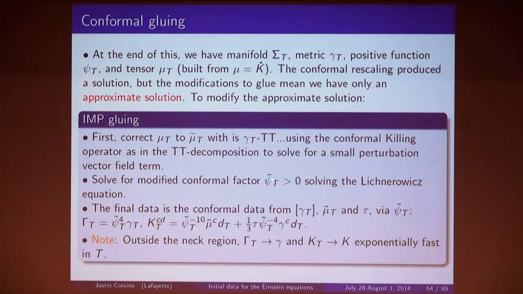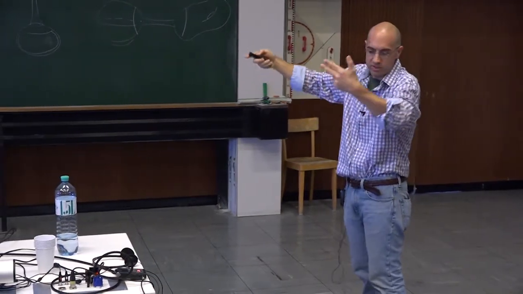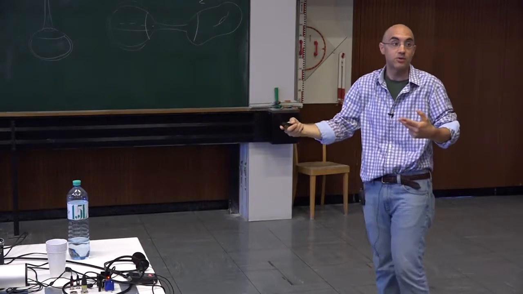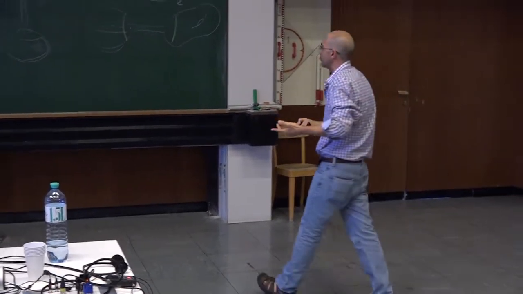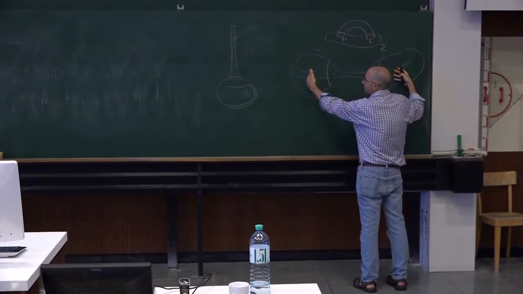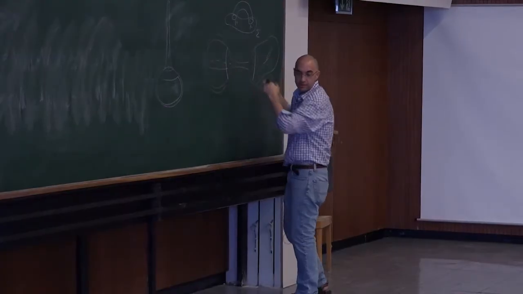Then you use this conformal factor to reconstitute the data as in the conformal method. That's just the idea. Outside the neck region, the metric you get, gamma t, approaches the original metric, and the second fundamental form approaches the original K exponentially fast in t. So in that sense, the theorem is that you can put these together, and outside the gluing region the data will look close to what it was originally.